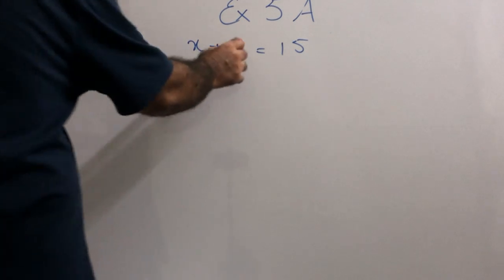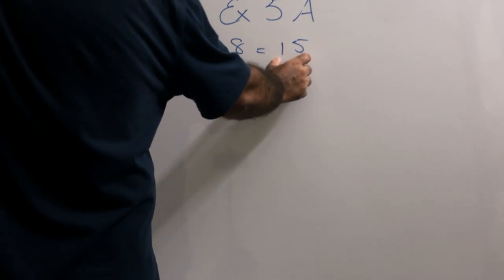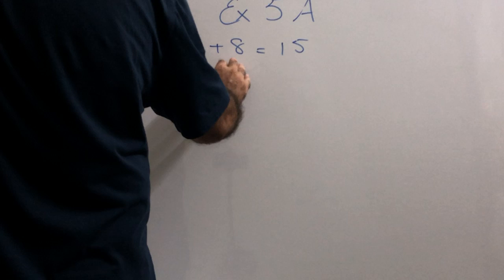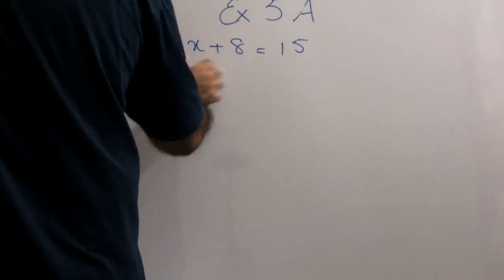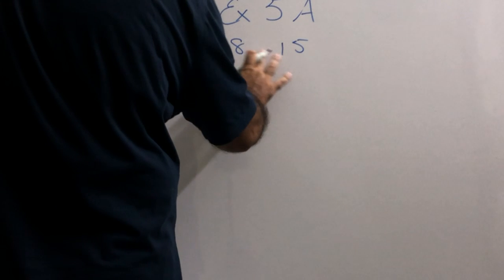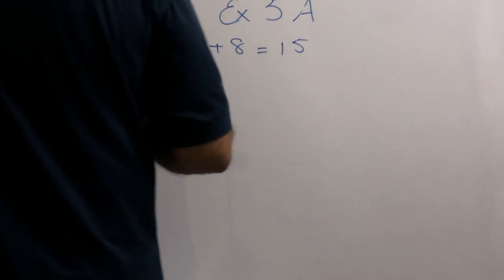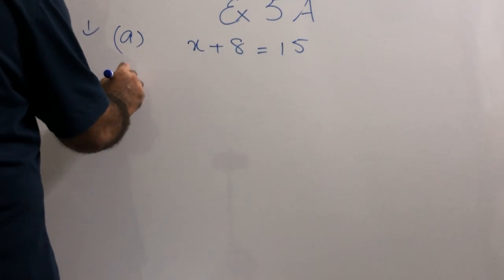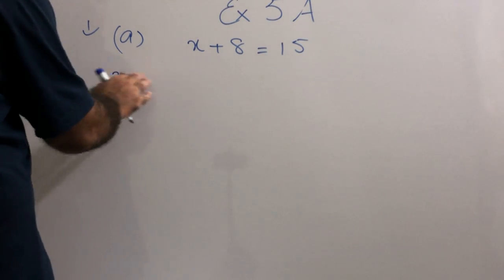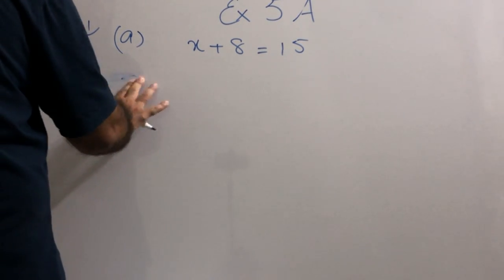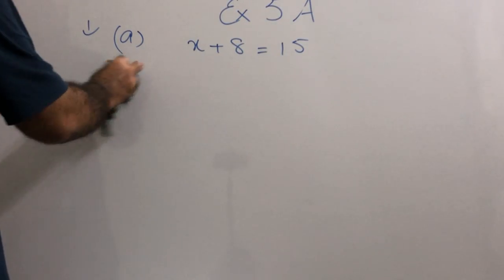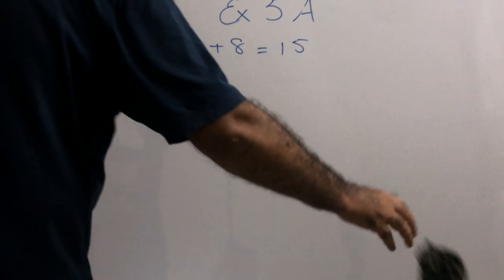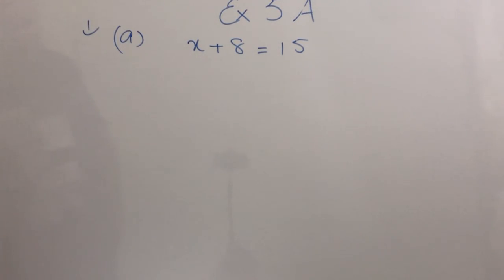So x must be alone on one side of this equation. If we have x is equal to something, it means that is the value of x. So we just need to find the value of x in these questions which say solve each of the following equations.